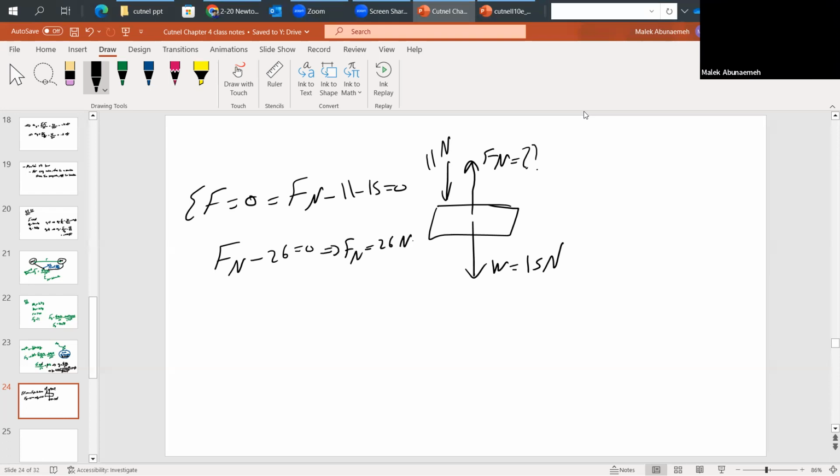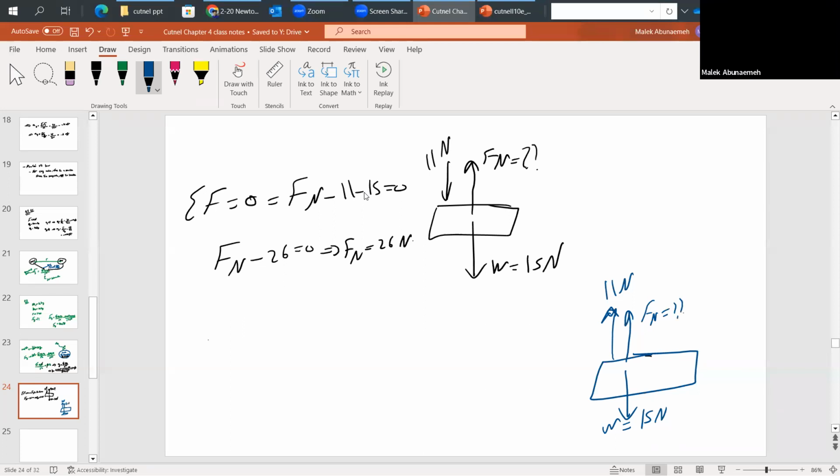All right. Now let's do another example, shall we? Let's say we have the same object that has the weight of 15 newtons. And now let's say we are pulling up over here by 11 newtons. What is this normal force that we have? Again, the summation of all the forces for equilibrium is going to equal 0.